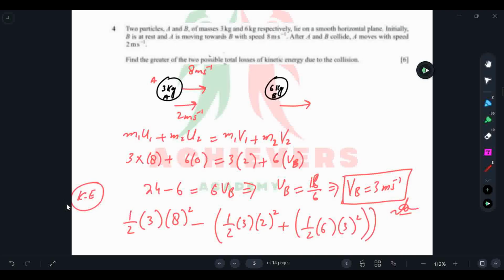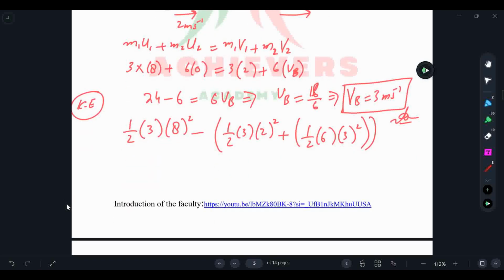Now if we simplify it, this will be 1 by 2 into 3 into 64, minus 1 by 2 into 3 into 4 plus 1 by 2 into 6 into 9. Basically we can cancel out the 3 over here, so this will be 3 into 9.